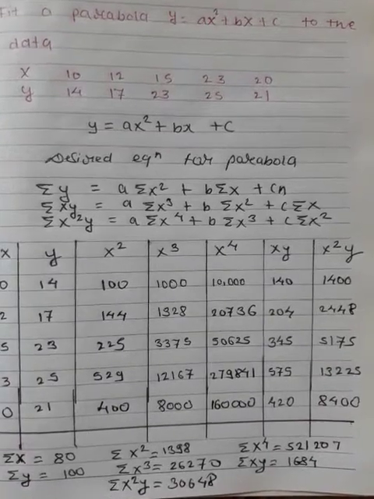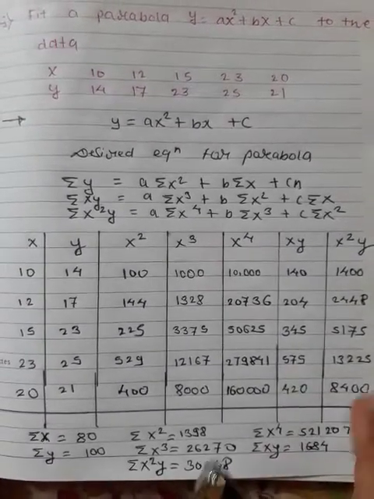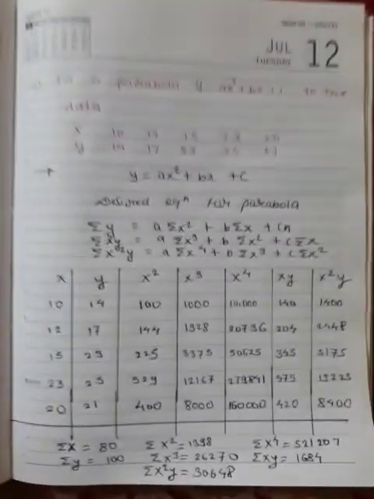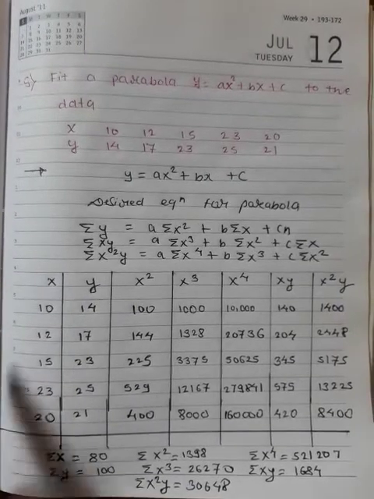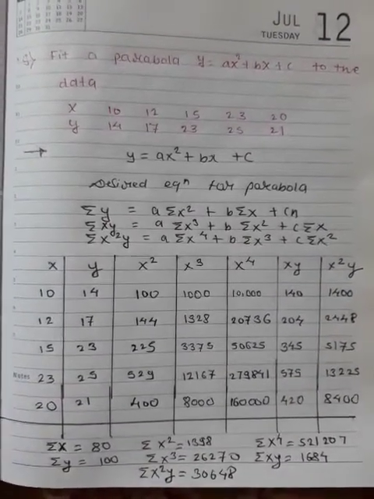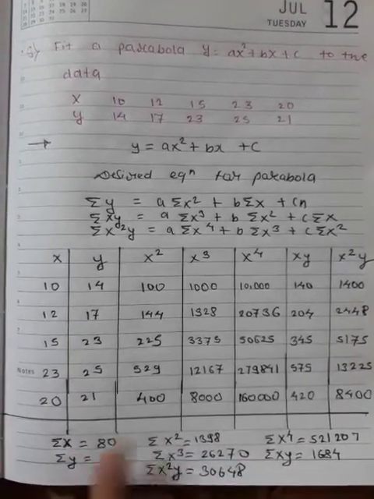Summation xy is 420 1684. And summation x square y is 30648. So in this way you have to form the table, and now you have got all the values for the summations.